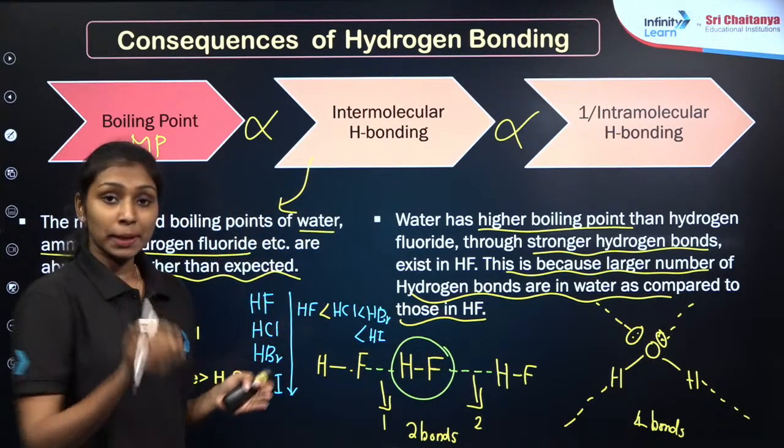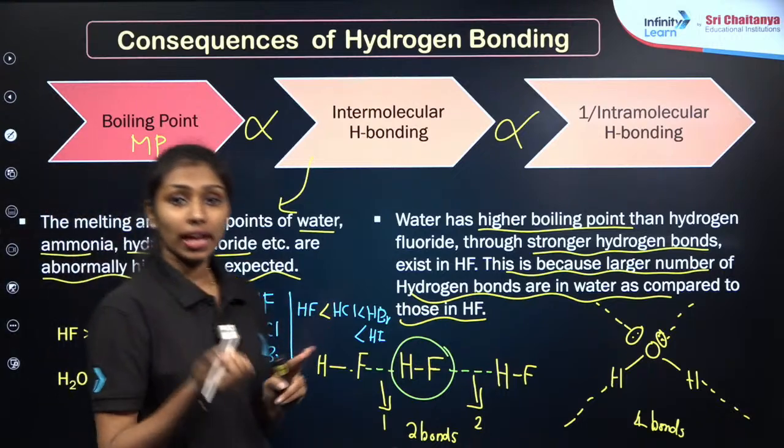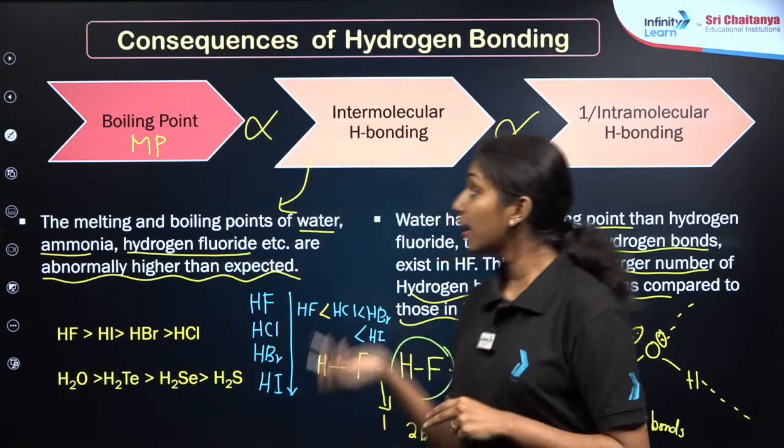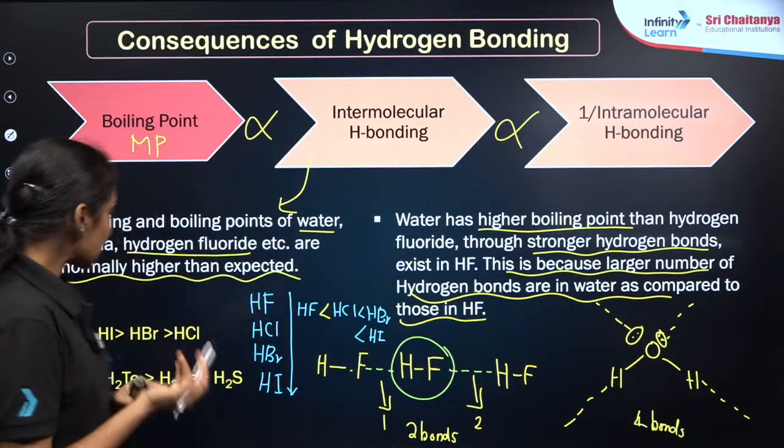This will be the expected order, but in the case of the HF molecule, due to the presence of intermolecular hydrogen bonding, its boiling point becomes more. It has the maximum boiling point.